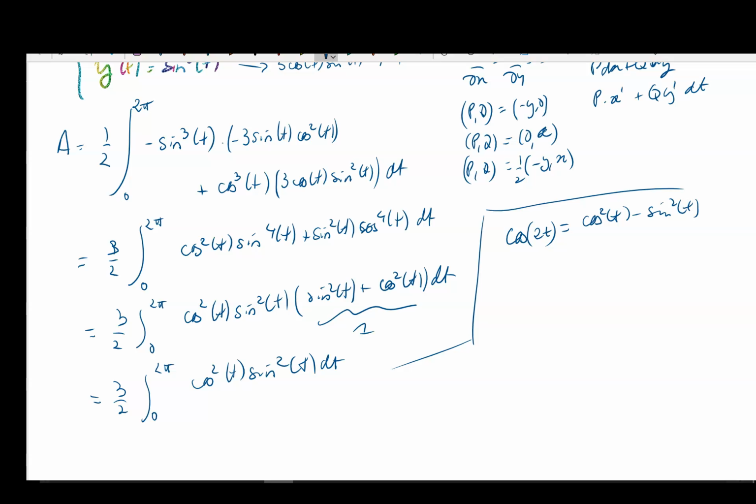You can rearrange that, for instance using sine square is 1 minus cosine square, or the contrary, in order to get only cosine square and sine square. So cosine square of t is going to be equal to (cos 2t plus 1) over 2, and the sine square of t is going to be (1 minus cosine of 2t) over 2.